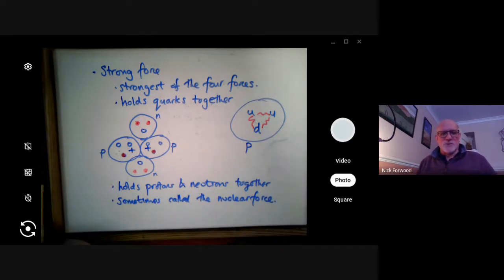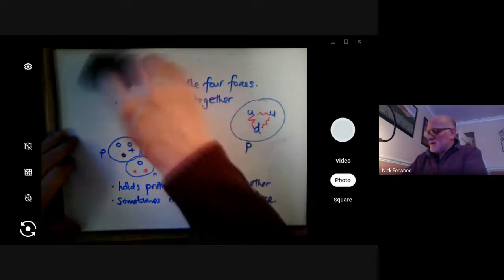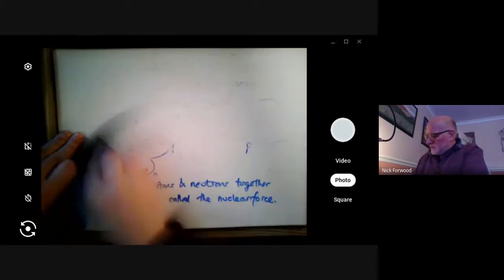Okay, so what we want to do now, we've got an idea of what the 4 forces are, what they actually do, how far they operate, what their range is, and how strong they are. I want to put that together in a sort of comparative table that looks at their strength and range.